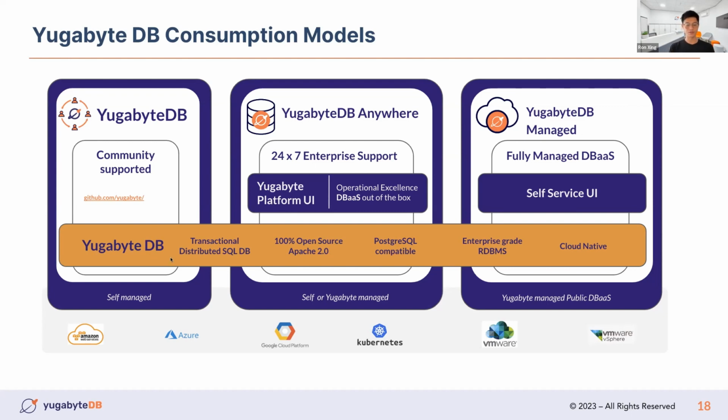Distributed load balancing, data sharding, and data replication are all built into the DB itself, and it's the same whether you are using the community version or the enterprise version, right?